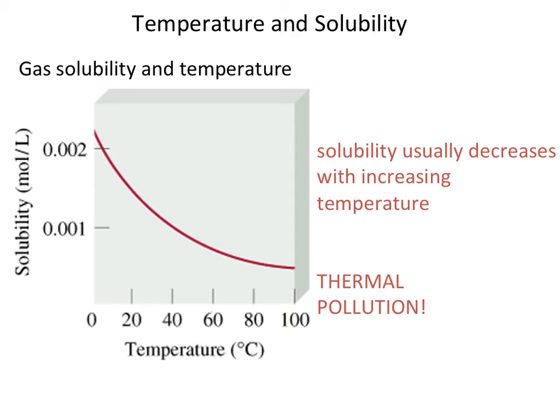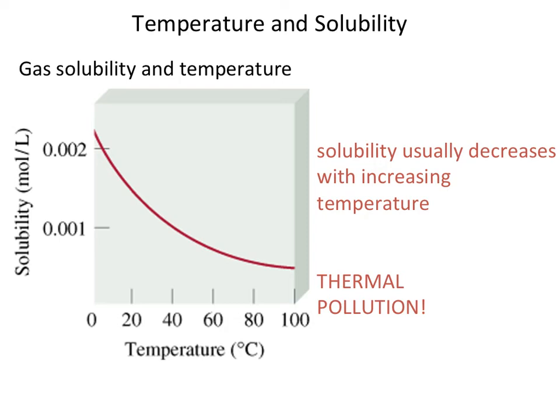And what happens there is that the water is a little bit warmer in the regions where that cooling water is being put back into the river or lake or whatever water source. Now, what ends up happening is that the solubility of the oxygen inside that lake or river gets decreased, right?